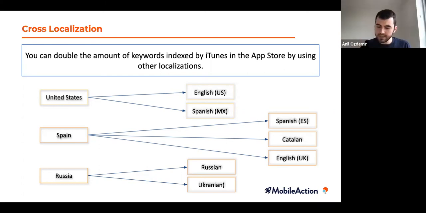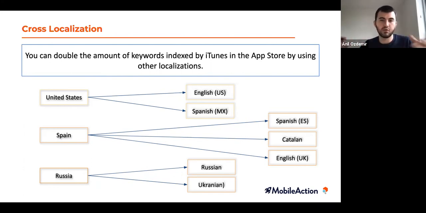So I would like to ask you a little question here. Let's say we are localized in all English countries. Is it a wise decision to use the same English keywords across all English-speaking countries? Should I use the same English title, subtitle, and App Store Connect keyword list for both the UK and Australia?